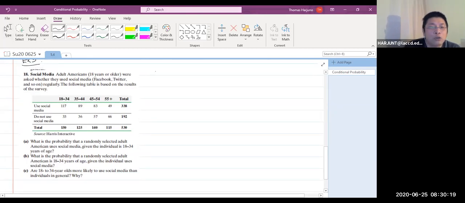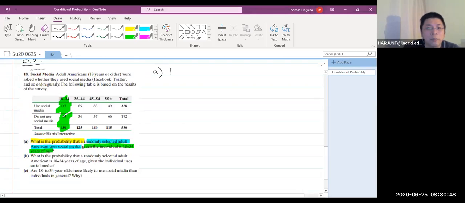In part A, for example, the question is in words. What is the probability that a randomly selected adult uses social media given the individual is 18 to 34? So we start from those people who are 18 to 34.